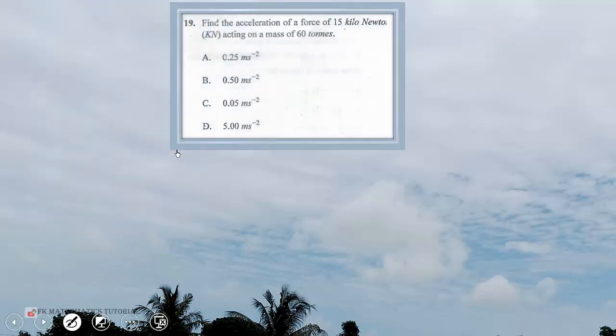Find the acceleration of a force of 15 kilonewtons acting on a mass of 60 tons. So remember that force equals mass times acceleration.